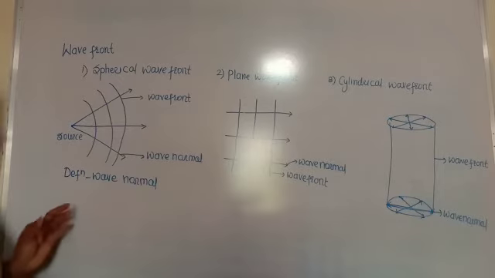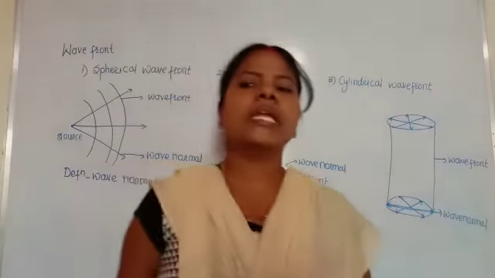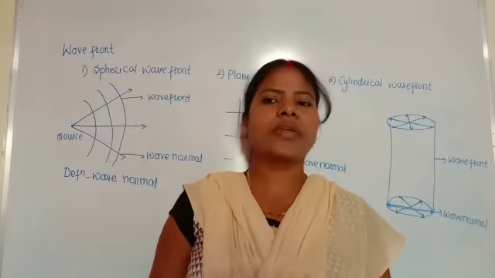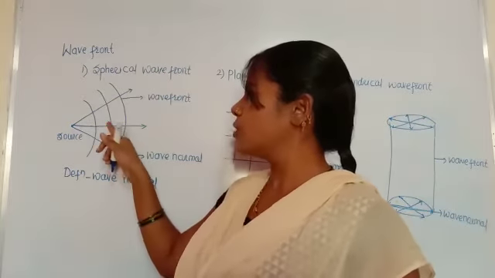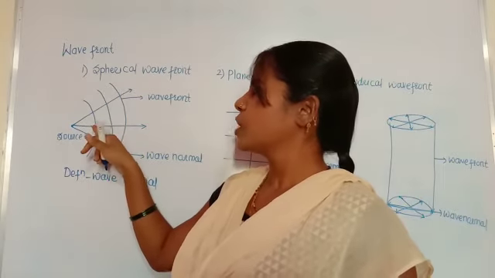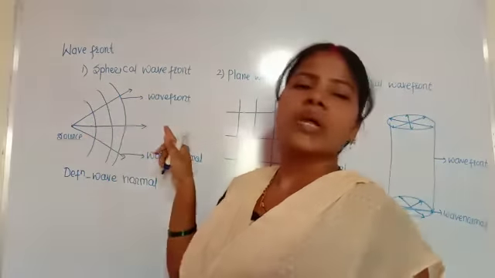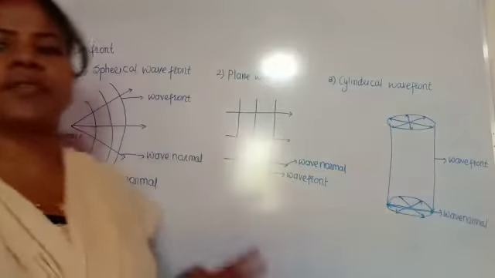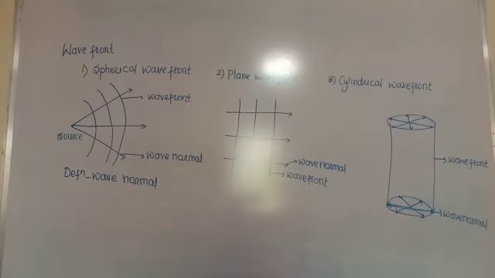The exact definition is the perpendicular drawn to the surface of the wavefront. So the perpendicular drawn from the wave surface or the surface of the wavefront at any point.